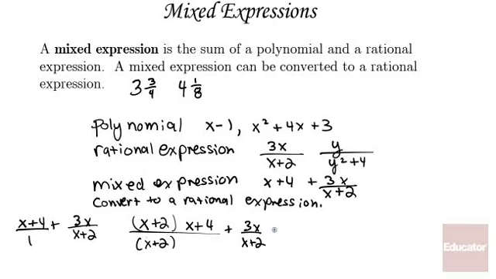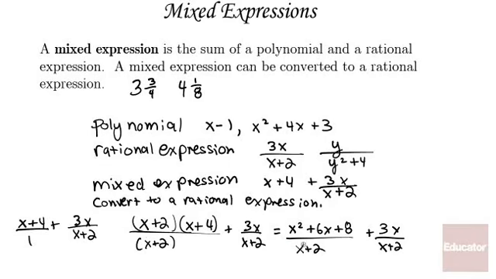Okay, so if I have this and I multiply out, this would give me x squared. So x times x, x squared. The outer term is 4x. The inner term is 2x, so that's 6x. And then the last term, 2 times 4, is 8 over x plus 2. Well, at this point, I now have two rational expressions, and they have common denominators.